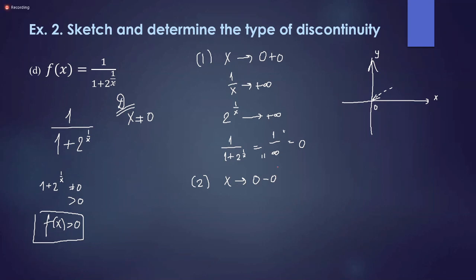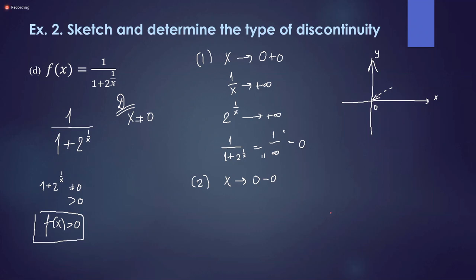When I write x tends to 0 plus 0, it means I am considering the right-hand side limit, and when x tends to 0 from minus 0, I consider the left-hand side limit.